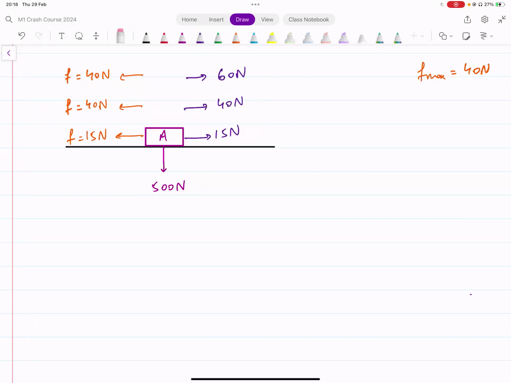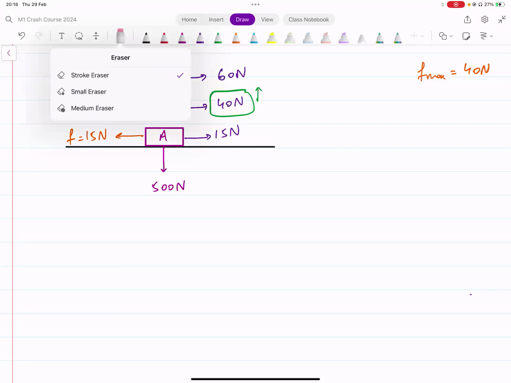the difference is, in case of 40 Newton, the equilibrium is actually at its limit. If you were to increase this 40 Newton force by even a small amount, even if you were to make it 40.1 or 40.01, since the friction is going to stay at 40 Newton, the object will start moving.